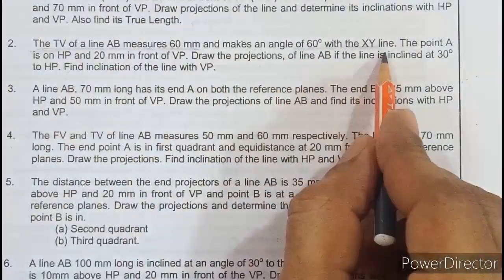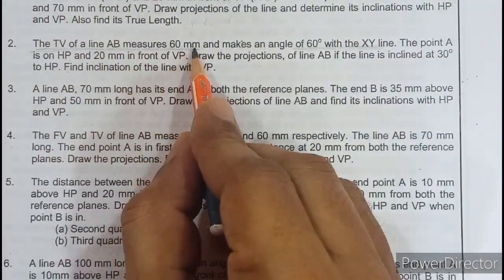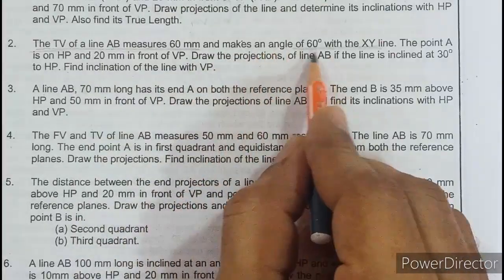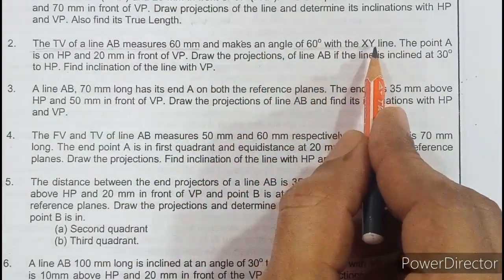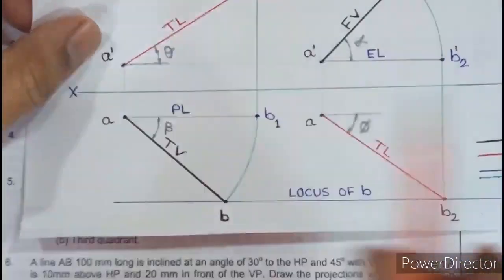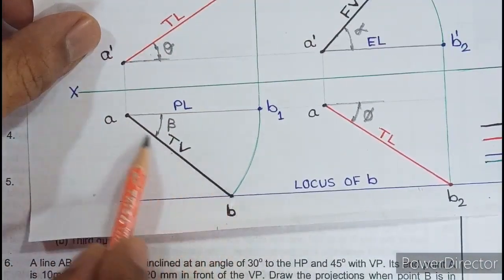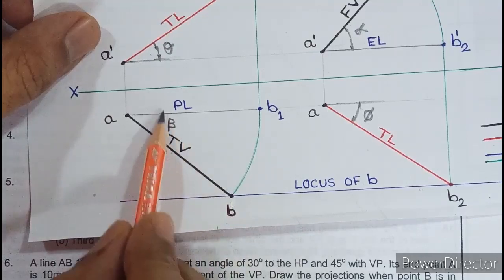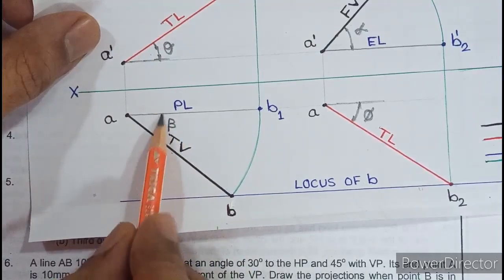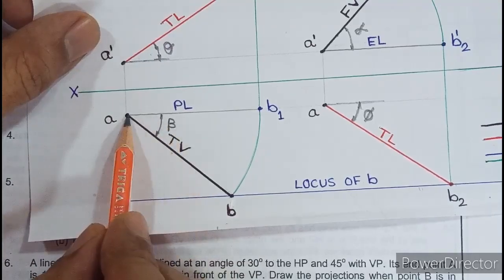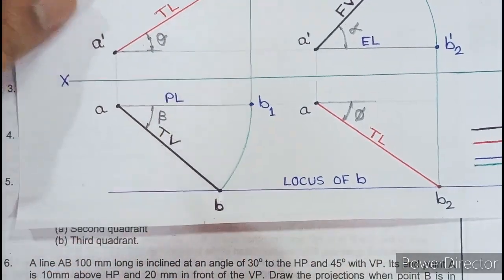So the top view of a line AB measures 60 millimeter and makes 60 degree with xy. Top view is always with xy, so this angle is beta. So they have given beta 60 degree and top view length 60.